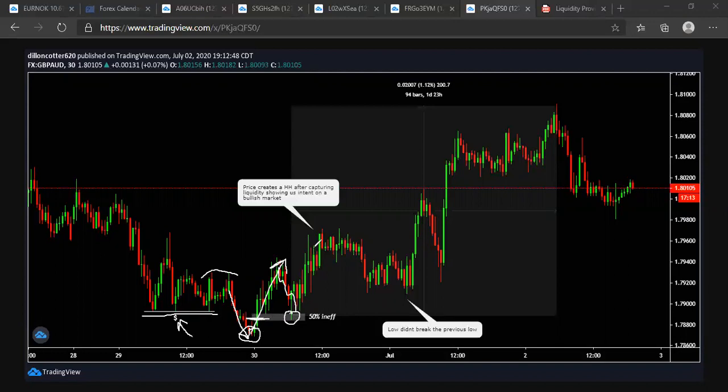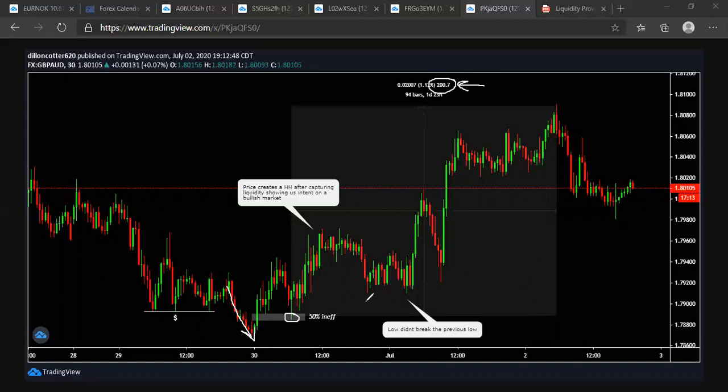Now, later on I will make a video going over inefficiency. That's for a video later, not right now. But this entry right here off of the bank's manipulation, you can see it gave us a very, very clean buy position with little to no drawdown, for a beautiful 200 pip potential move.